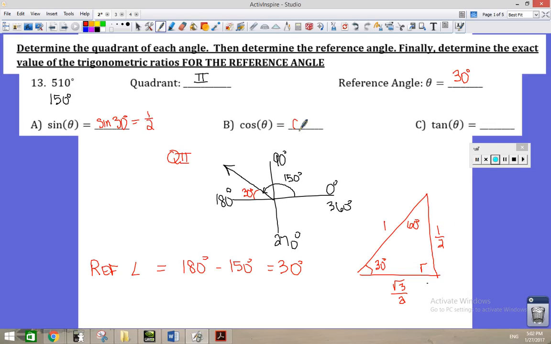And this is asking for the cosine of 30 degrees, and that's the adjacent over the hypotenuse, square root 3 over 2. And the tangent, the 1/2 divided by the square root 3 over 2, that's the tangent of 30. Remember, you've memorized that also in that chart. 1 divided by the square root of 3 rationalizes to the square root of 3 divided by 3, and that's our answer here. I'm running out of room, but there's our answer for number 13.